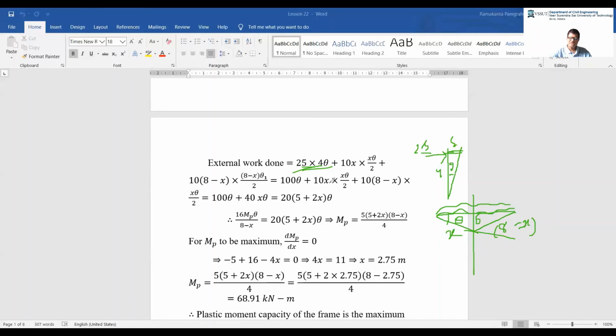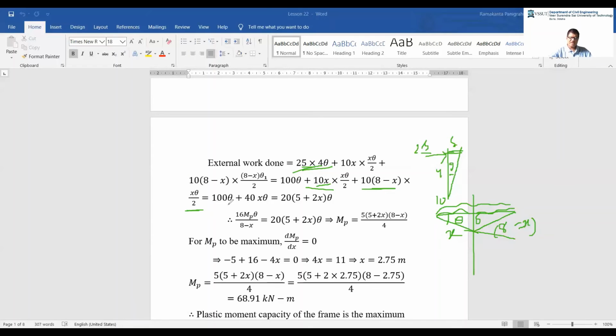So delta into 10, where 10 is the intensity of loading, and x is the length, with delta by 2, so x theta by 2. Similarly, 10 into 8 minus x into delta, where delta is again x theta by 2.